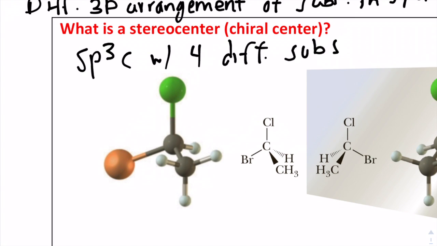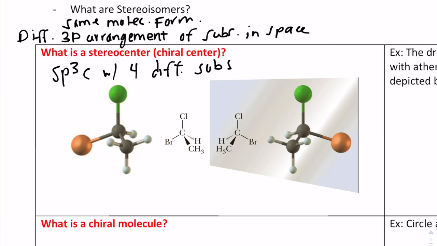Okay, so what does chiral mean? Chiral basically means that there can be a mirror image of this molecule. This glossy background is the mirror image, and it's non-superimposable, meaning that it can't be placed directly on top of the original molecule and be the exact same. We see that we have this line down here, and this is the exact mirror image.